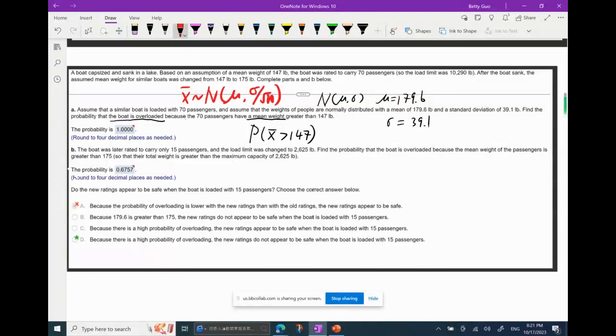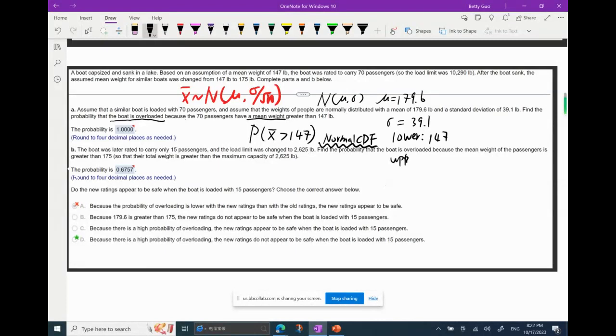So we are going to use the normal CDF function because we are looking for probability, right? X bar is normally distributed. The lower bound, because it's bigger than 147, is 147.